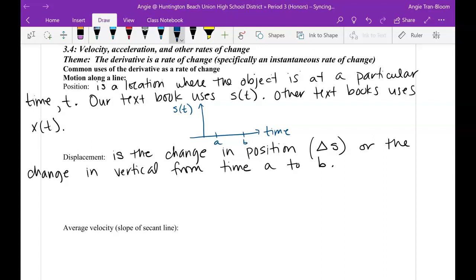So at the beginning of time 0, the bike's going to be at home. And then maybe like 10 minutes later, you're down on Main Street. So that's where the position is. So the displacement is talking about the change in your position, the change about the bike, okay? So by definition it is S of B minus S of A. And yes, very important that you know this formula, okay?